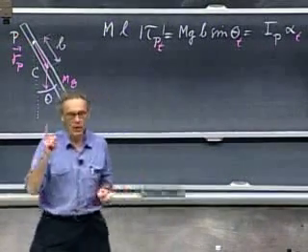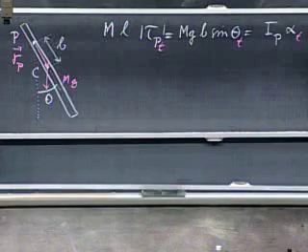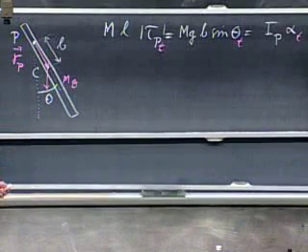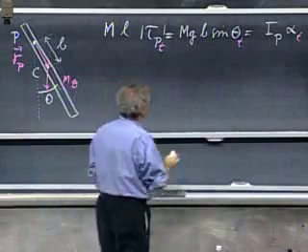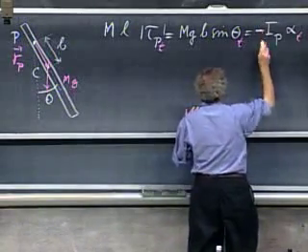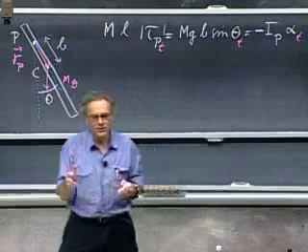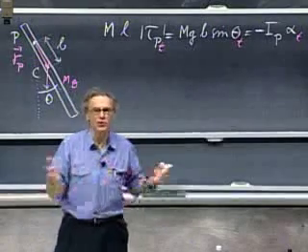However, there is one important thing. This torque is a restoring torque. It wants to drive it back to equilibrium. And therefore, we need a minus sign here for the very same reason that when we did the spring, the force was minus kx and not plus kx.